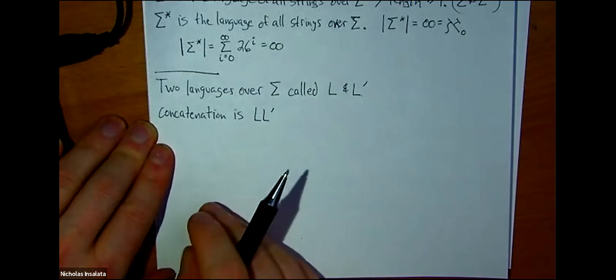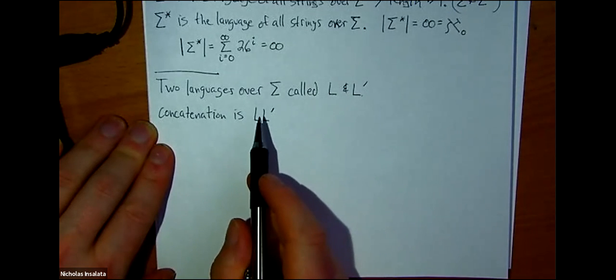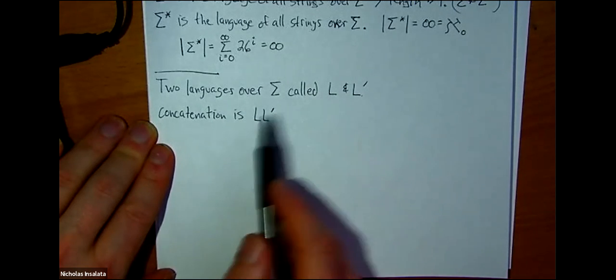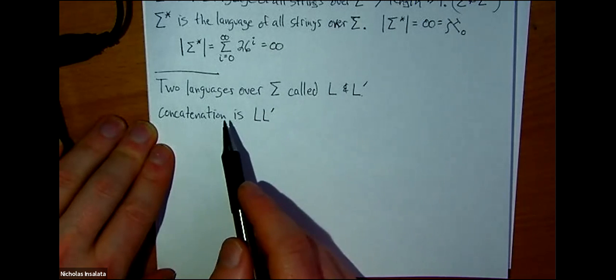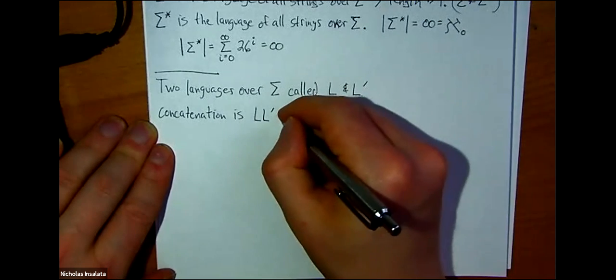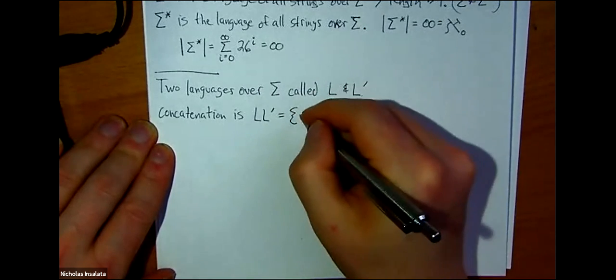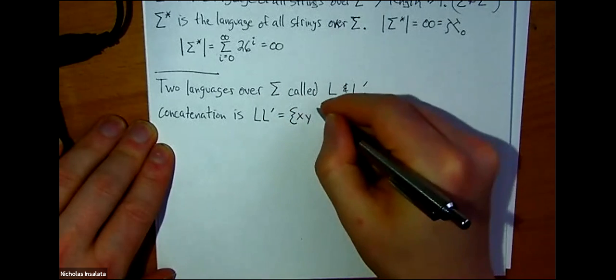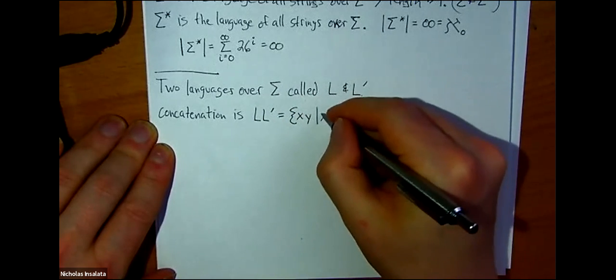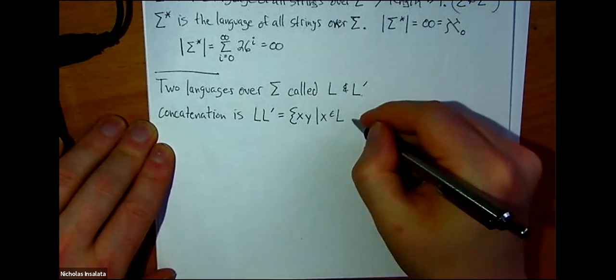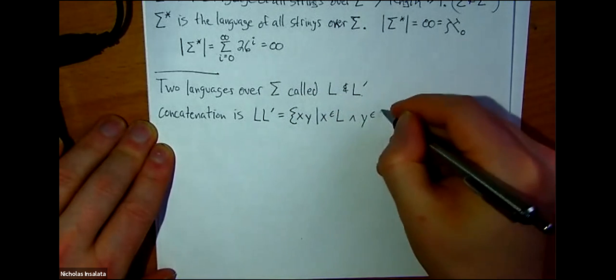It's just implied. You just put the things next to each other and multiplication is implied. With languages, you put the languages together and concatenation is implied. And that is the set of strings xy such that x is an element of L and y is an element of L prime.